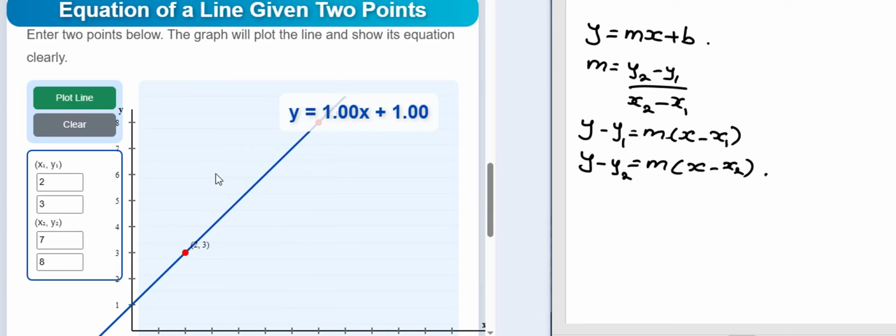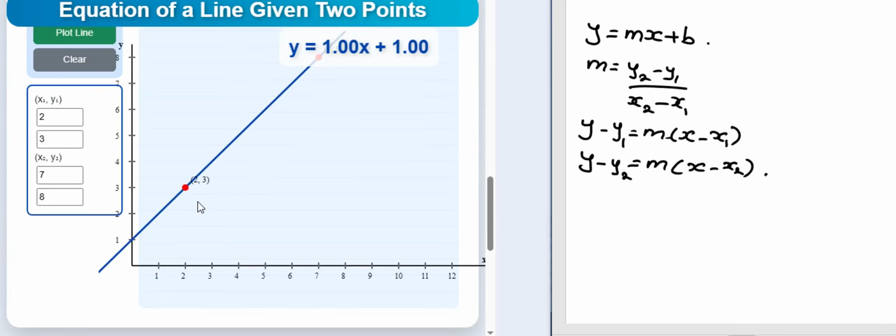This line passes through the points 2, 3, and we can also pick another point like 7, 8.